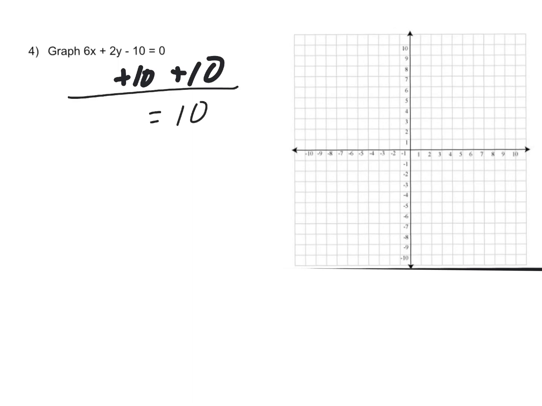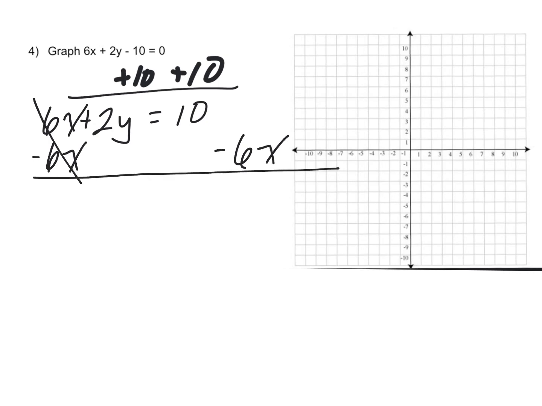So I've got 10 on this side now, and that's 2y plus 6x. Okay, good. I want to move 6x over, so I'll subtract 6x and subtract 6x. And this becomes 2y equals 10 minus 6x.